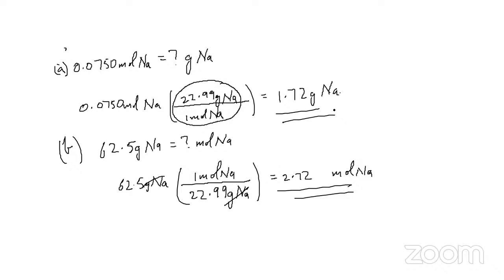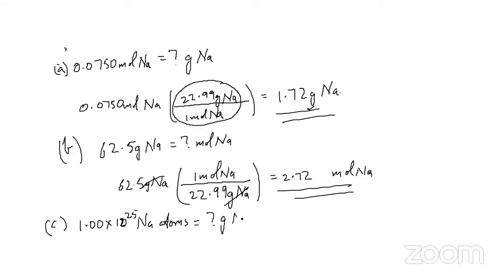Okay, so let's get to the C part since you asked a question. In the case of C, they gave you 1.00 times 10 to the 25 sodium atoms, and they're asking for the mass in grams of sodium.